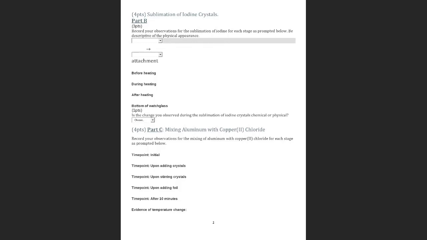So basically, that is all about paying attention. What do you observe before heating, during heating, and after heating? And what do you see at the bottom of the glass? So let's continue. I will try to share the screen to do part C.